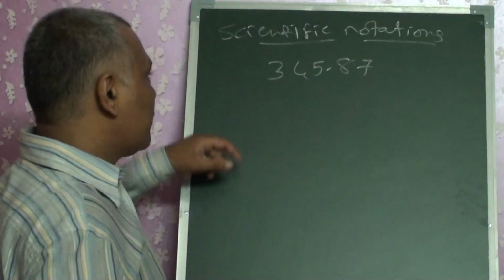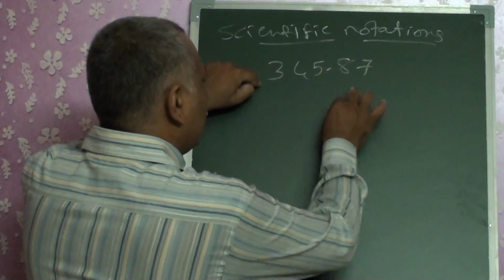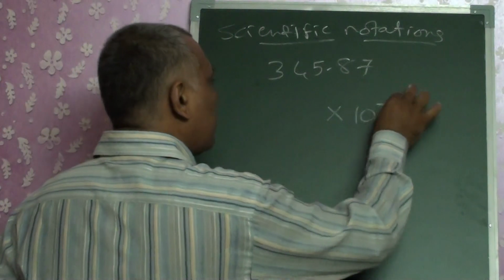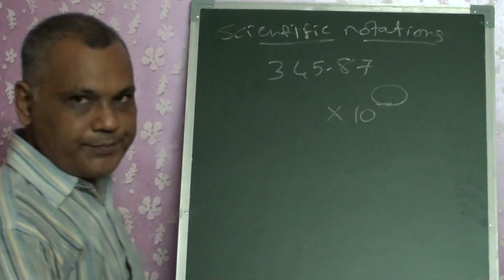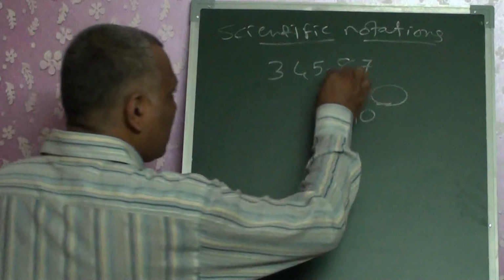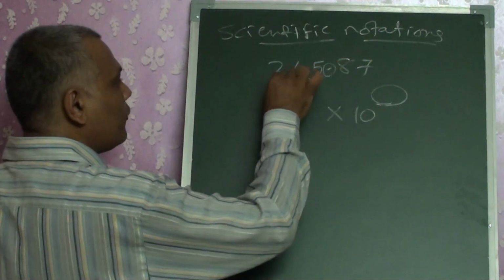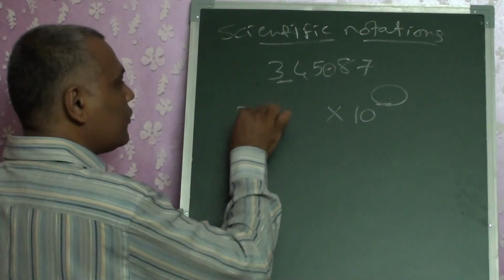For scientific notation, the first factor is that you should have 10 raised to some exponent. And the second thing to remember is that your decimal should always be after the first non-zero digit.